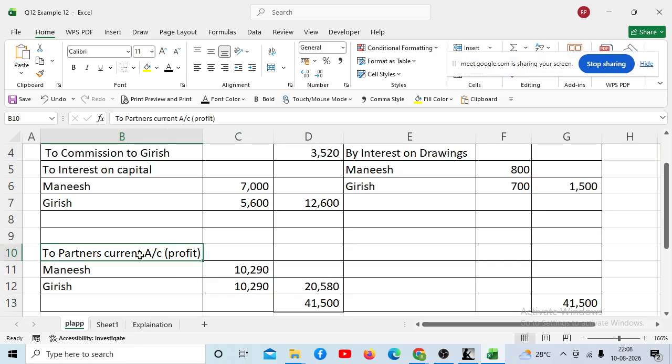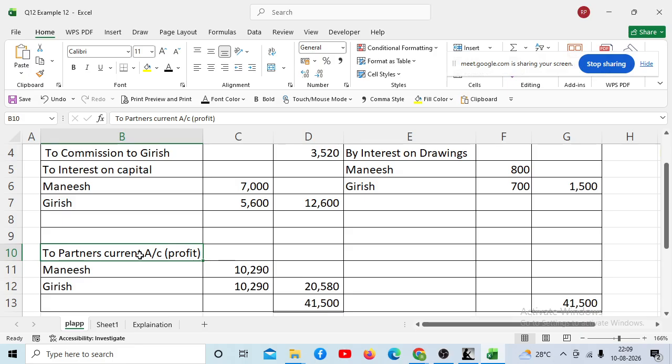See, there are two methods of maintaining the capital. One is called the fluctuating capital method, which means all the work will be handled by the capital account only. Another is called the fixed capital method. In that case, what is happening? The capital account has got one assistant, and that assistant is called the current account. The capital account will handle only the work related to capital.